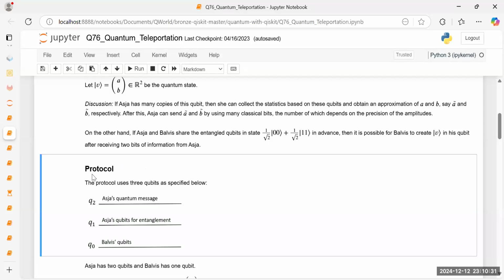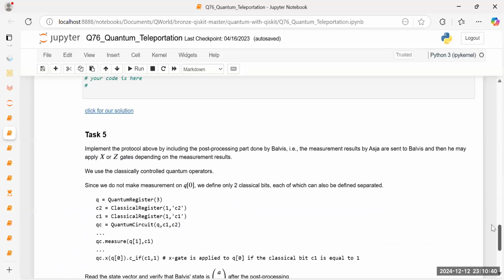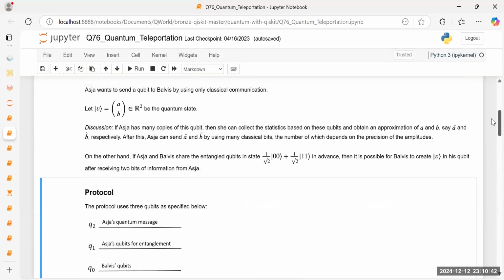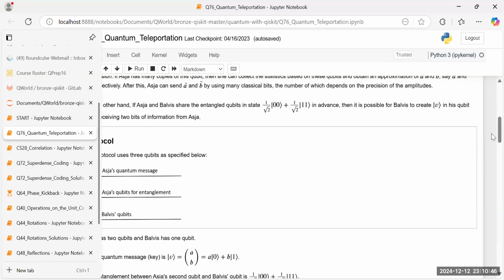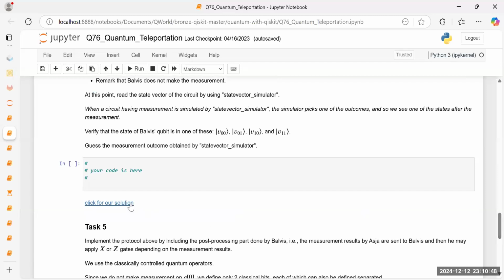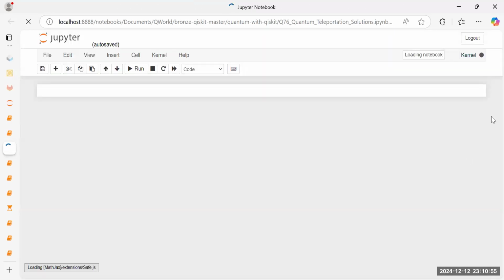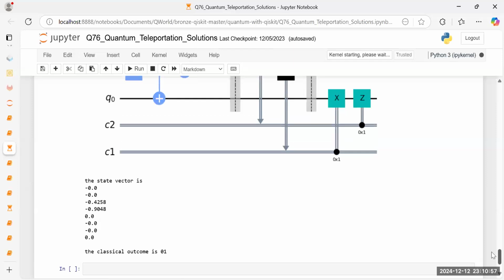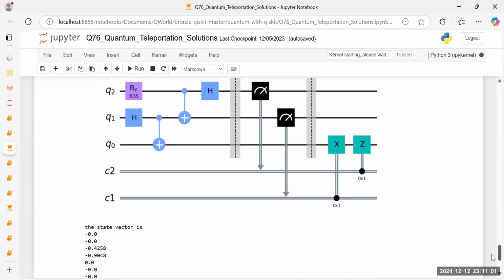She can use the quantum teleportation protocol to achieve this. So let's look for the circuits that achieve this.